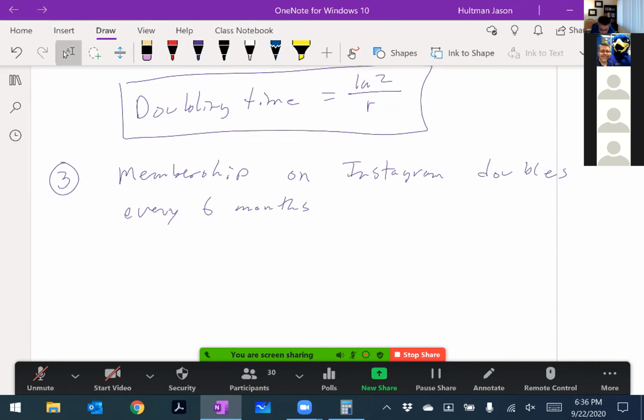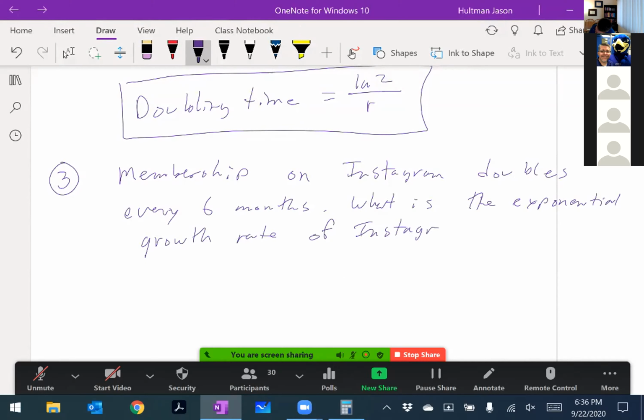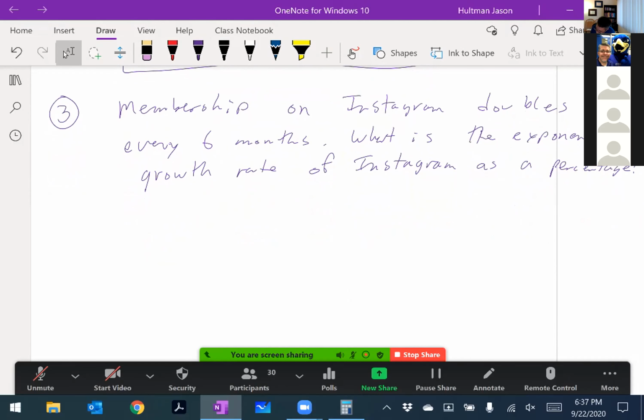What is the exponential growth rate of Instagram as a percentage? Well, what's the doubling time? The doubling time is equal to the natural log of 2 over the rate.